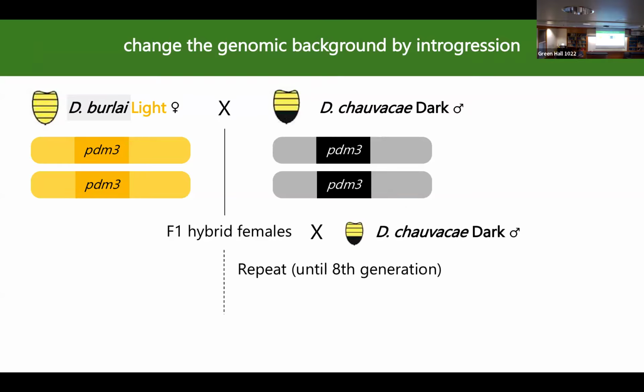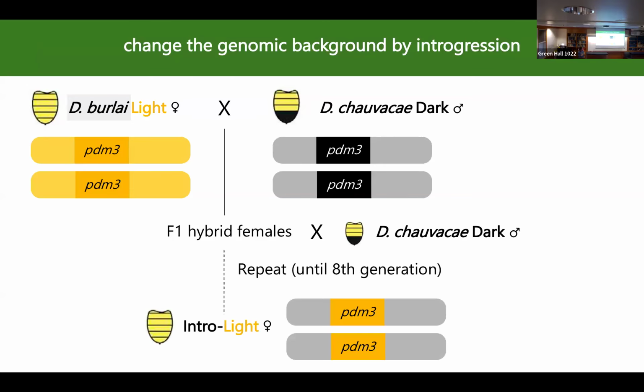Repeating the crossing with the Shobaka dark strain until the 8th generation, it's possible to introgress the PDM3 light allele of brulli into the genomic background of Drosophila Shobaka, and to make a homozygous strain. For convenience, I call this strain the introlight strain.